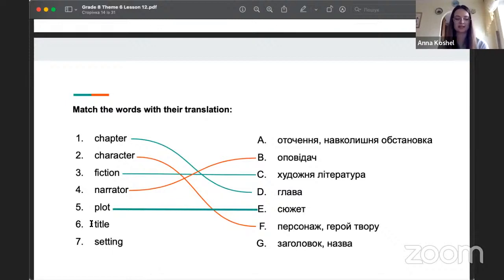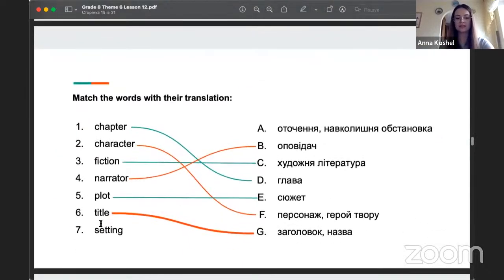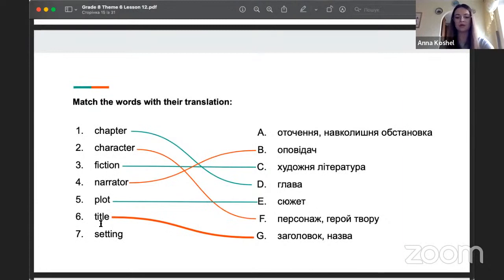So what is a title? Every book has a title, every chapter usually has a title, maybe in the words or as a number, yeah, chapter 1, chapter 2. It's also a title, yeah, title. Title means the name, yeah, or заголовок, назва when we talk about the books, when we talk about something written, якщо ми говоримо про щось написане, так, якщо це стаття, новини, книга, замітка, зазвичай вони мають заголовок або назву.